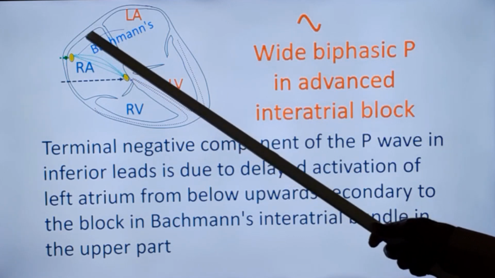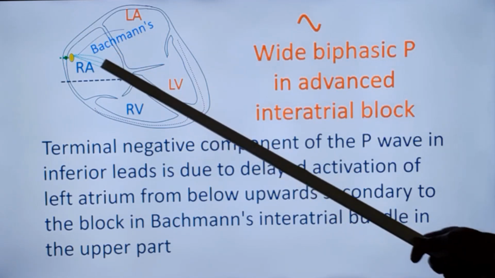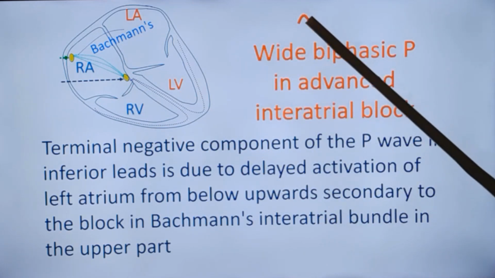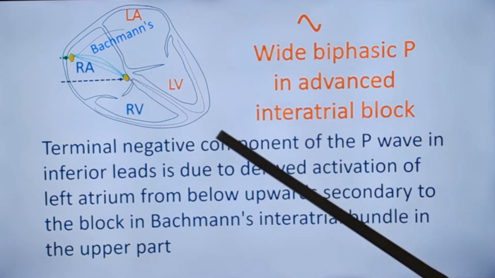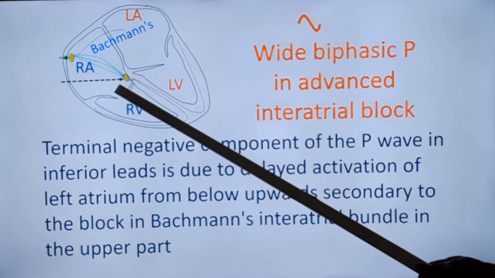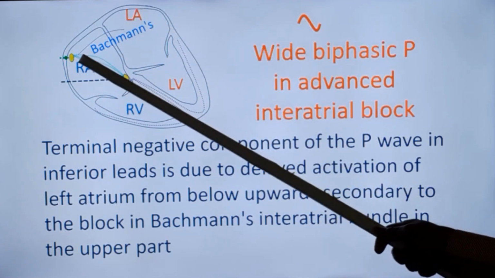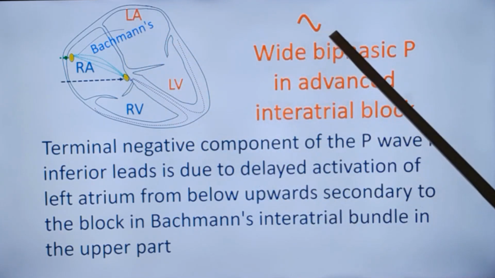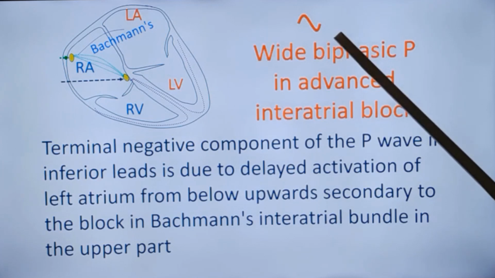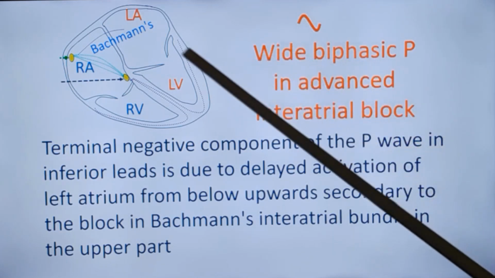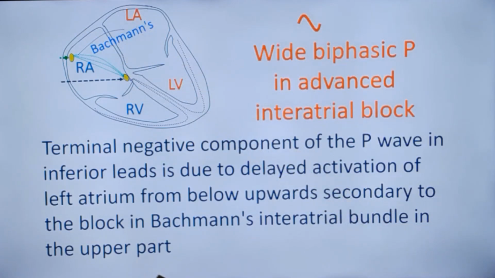When Bachmann's bundle is totally blocked, right atrium gets activated this way, contributing to the initial component of the P wave, and left atrium gets activated in a retrograde direction. As the activation proceeds from here, then it goes up. That's why the terminal portion of P wave is negative in advanced or total Bachmann's bundle block.